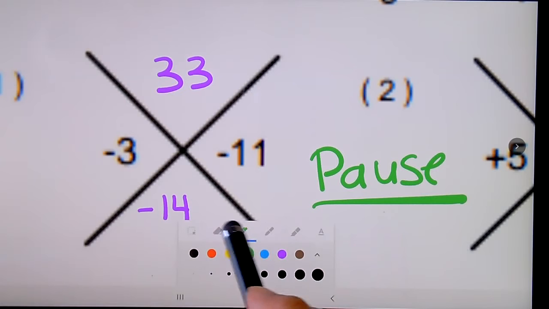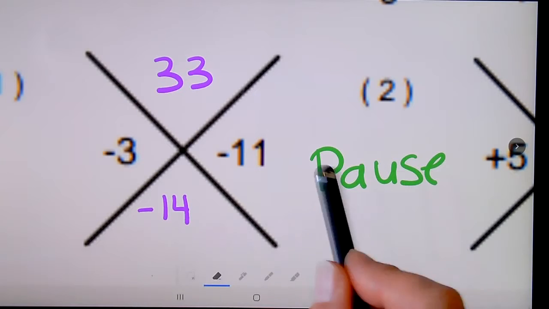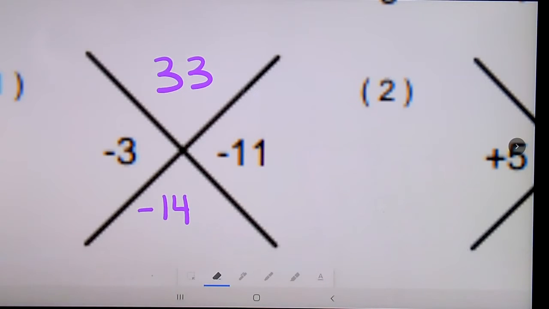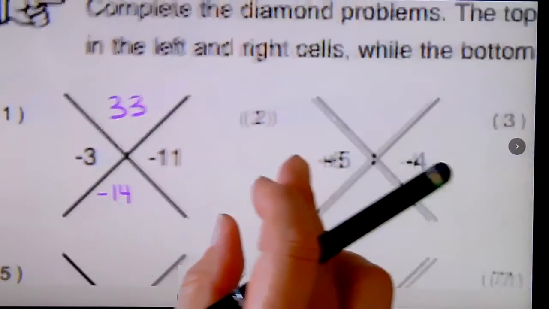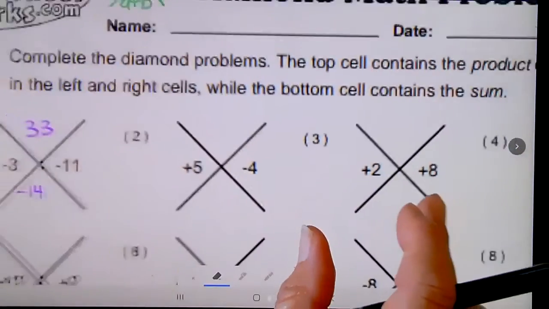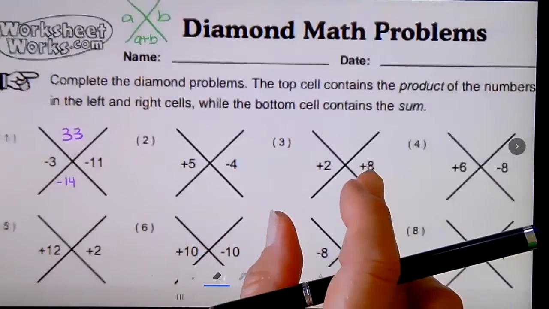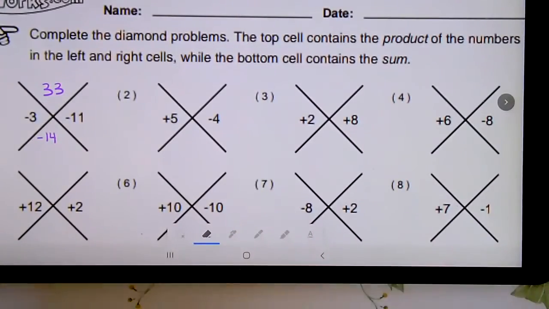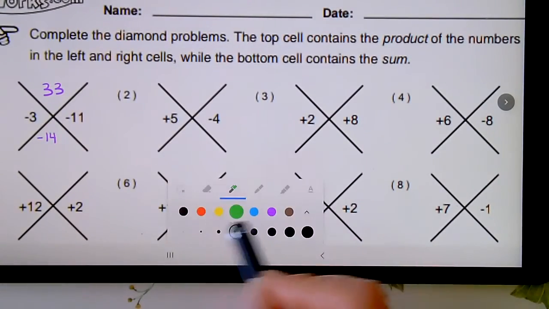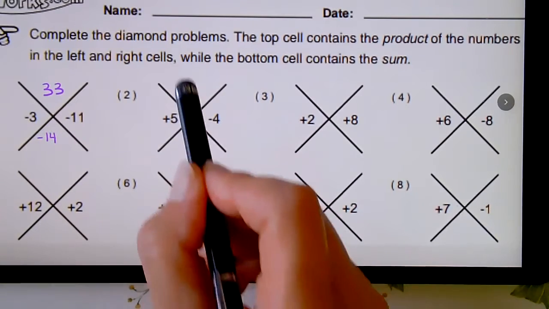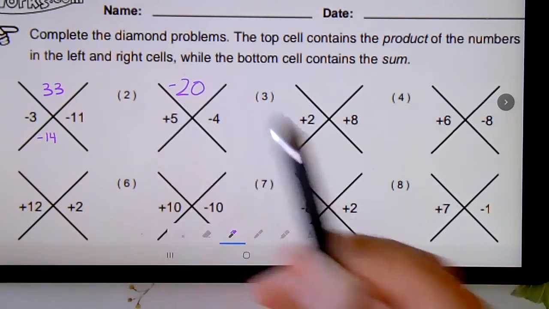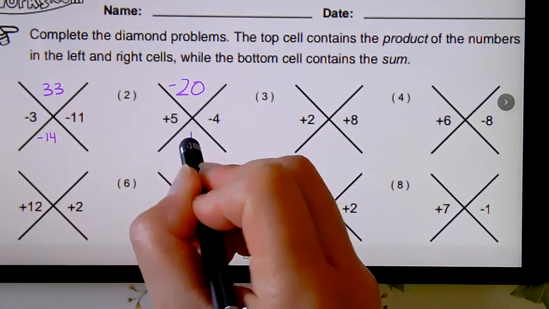Okay, now I'm going to go through these answers with us. For number 2, when I multiply these, we should have gotten a negative 20, and when we add, we get a positive 1.